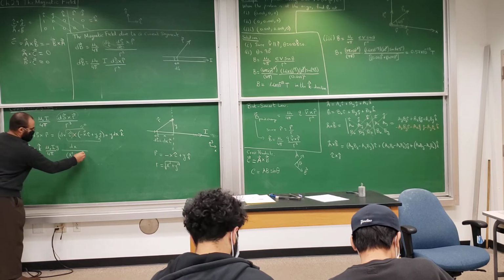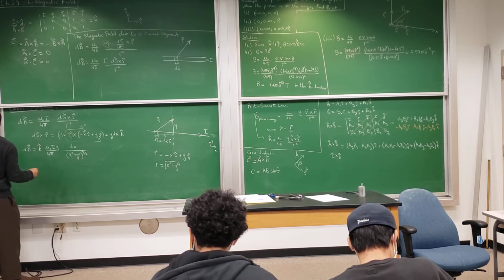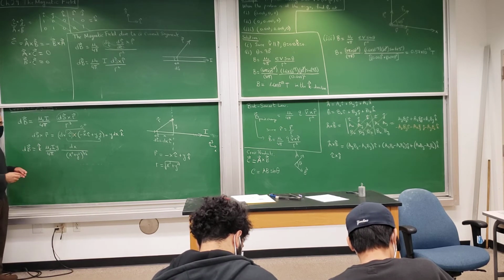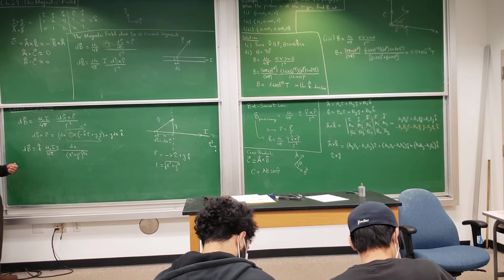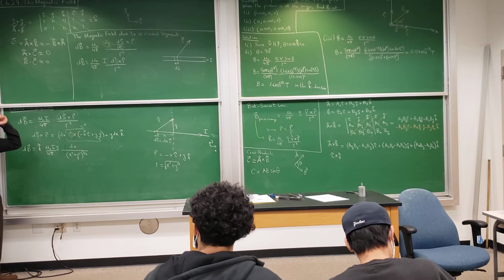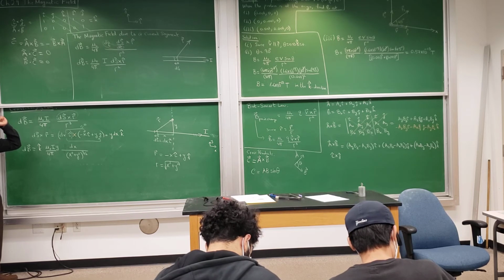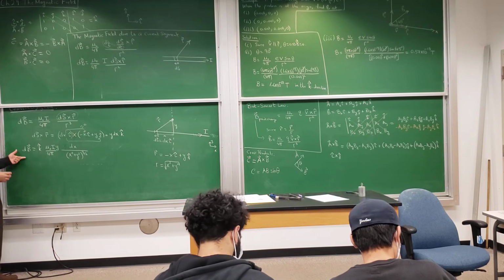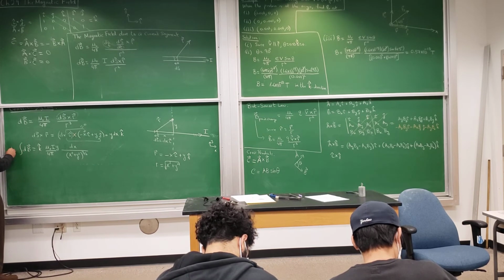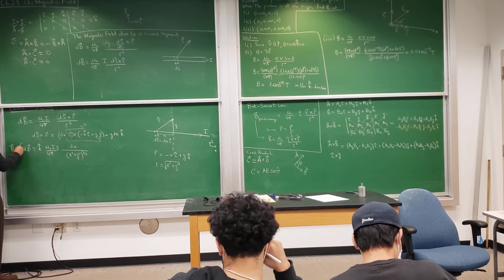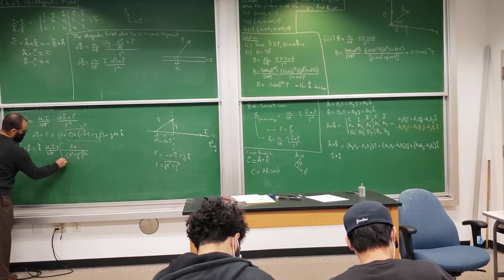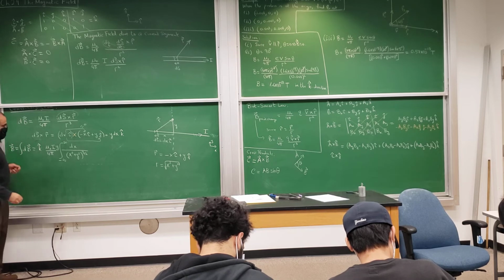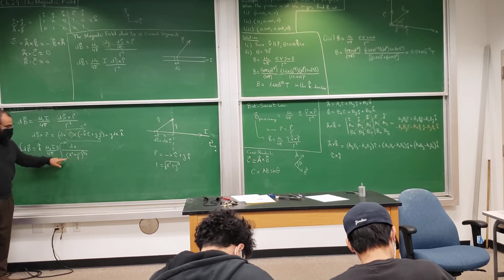Now we're integrating this for the whole current carrying wire. So x starts from minus infinity and goes all the way to the end of the wire at positive infinity. So I need to compute this integral here.